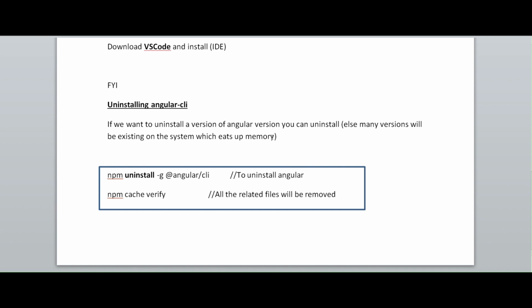This is specifically done to remove the existing versions which are already installed and eat up your memory. So we can remove unwanted versions of Angular. And also don't forget to run the last command, that is npm cache verify, after you run the uninstall command, so that all the related files will be removed.